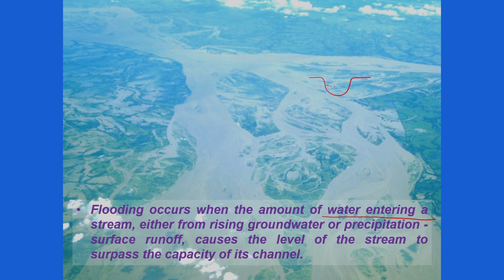So, if the water is flowing within the channel, then it is fine, but if it flows, okay, on top of or above the cross sectional area, then we say that this stream is in the flooding state.